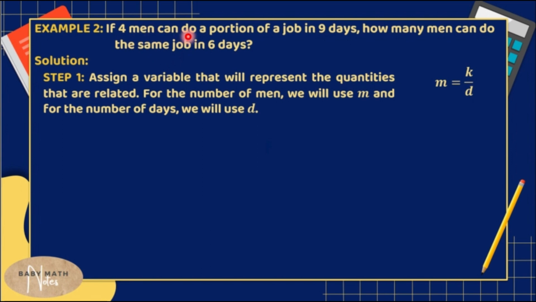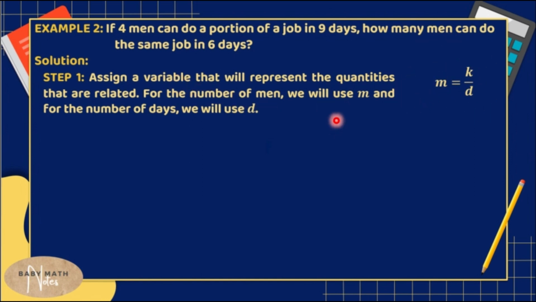Kasi habang dumadami yung number of men natin, bumababa yung bilang ng araw. Ibig sabihin, madali siyang matatapos. So that is an example or that is an application of inverse variation.